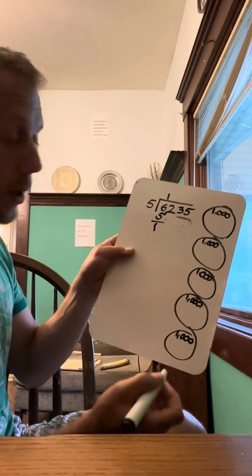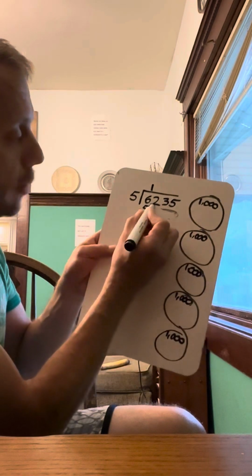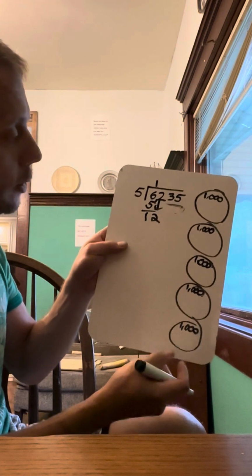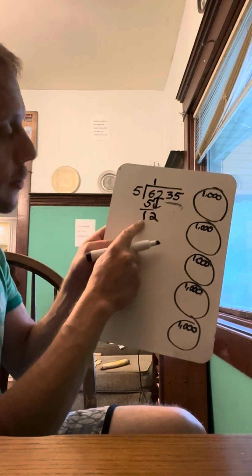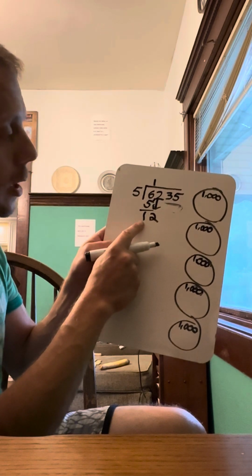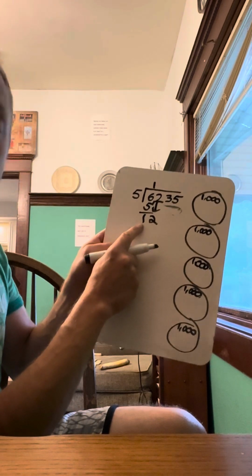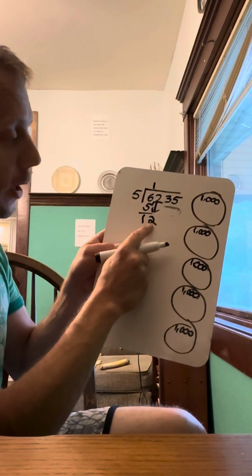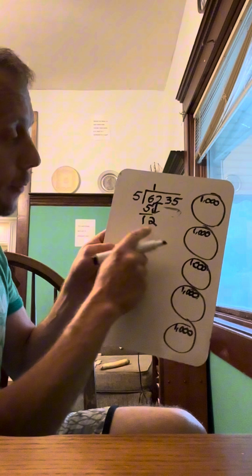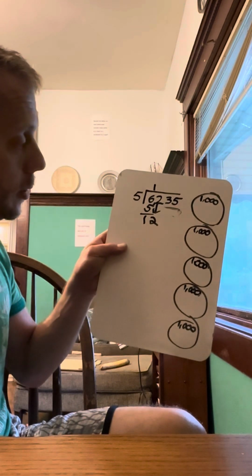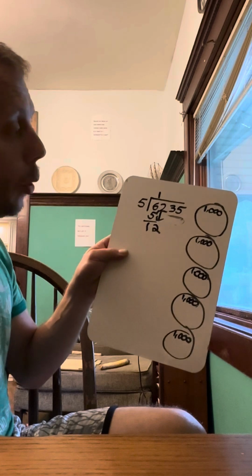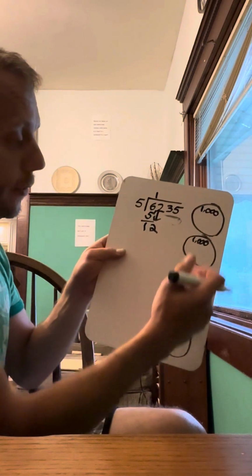So in the long division process, we bring down the 2, all right? But what are we really doing? Well, what we're doing is we're turning that $1,000 bill that's left over into 10 $100 bills. And we're adding the 2 other $100 bills to make 12 $100 bills. All right, so with the 12, I can hand out 2 $100 bills to each of the 5 people.